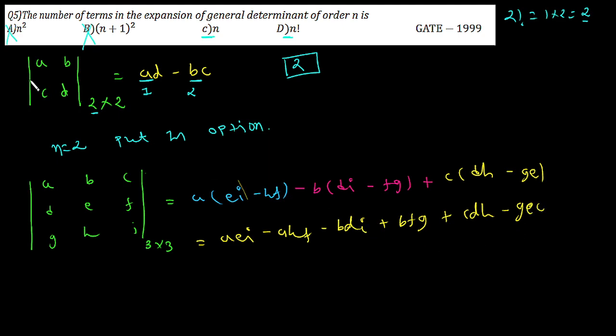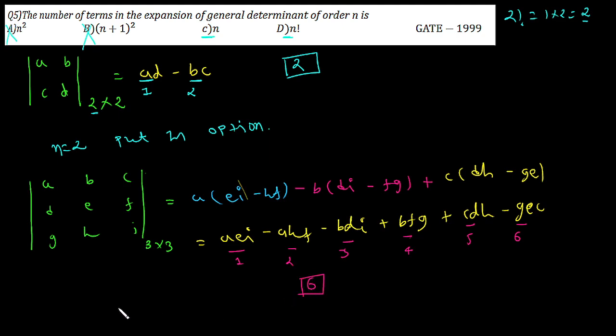Now let's count the number of terms that we are getting in the expansion of this 3 cross 3. Here first one, second, third, fourth, fifth, and 6. So for the expansion of any 3 cross 3 we are getting 6 terms in the output. So let's write 6.